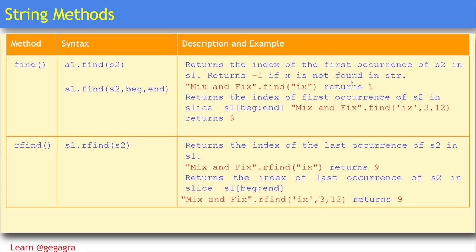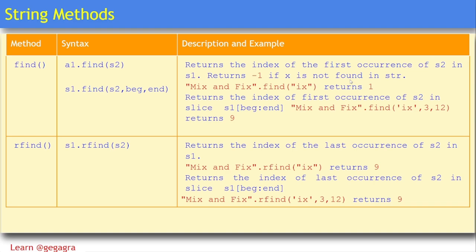It returns the index of the first occurrence of the substring, that is s2, and if it exists in a1, it will return the index of that substring, otherwise it will return -1. So if the substring does not exist in the string a1, it will return -1, otherwise it will return the proper index of the substring.